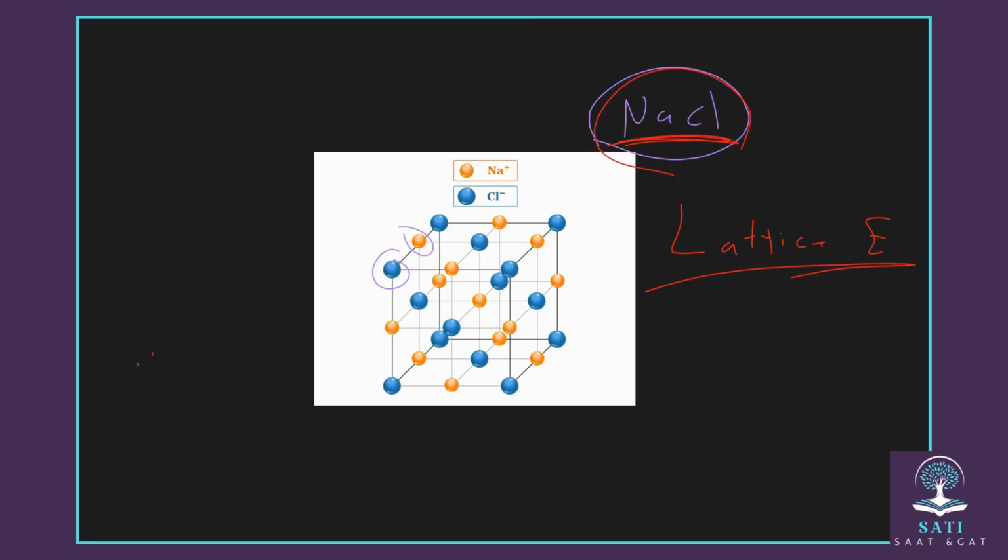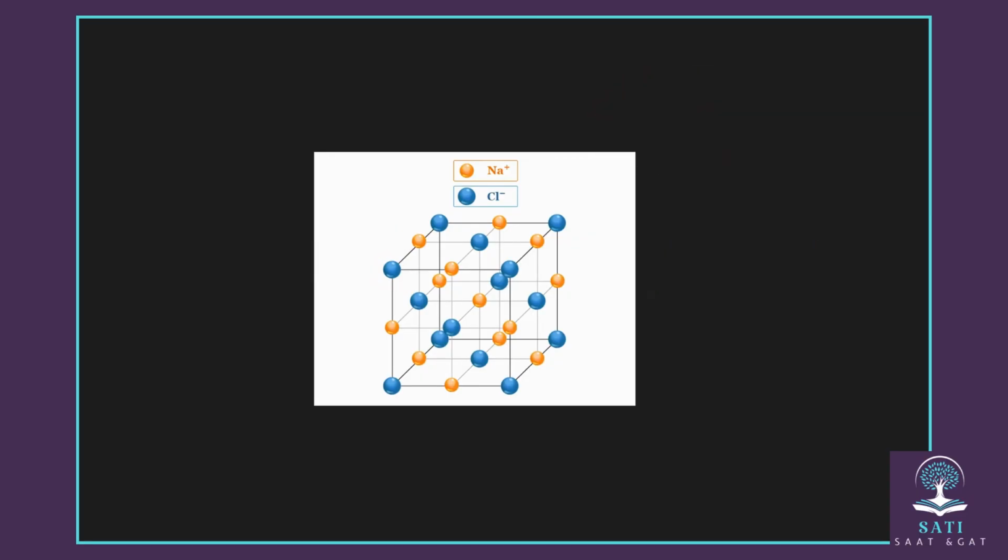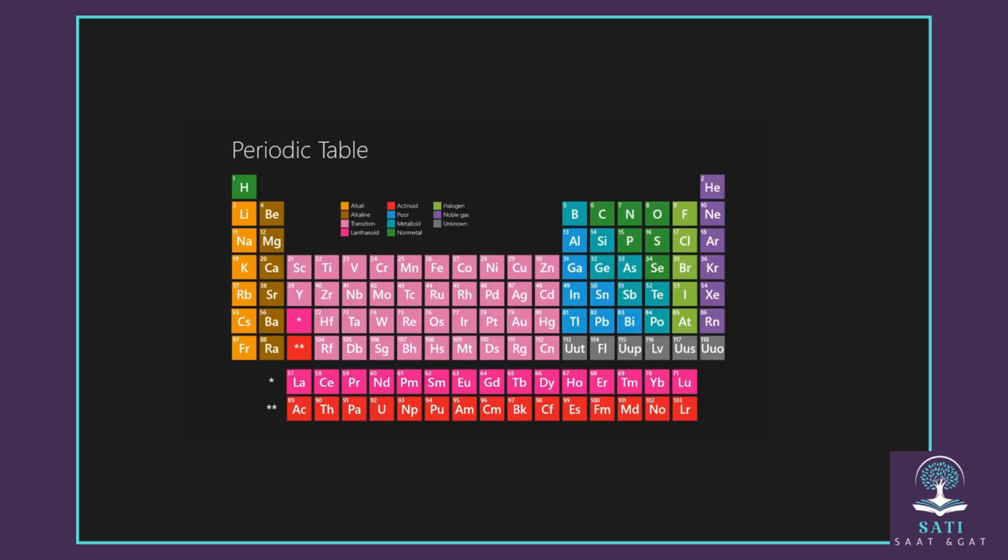Great. Now we're going to take examples. If we go to the periodic table and remember what we studied, if you go down the periodic table, what is the change of the size of the atoms? Take this group, for example, fluorine, chlorine, and it's the same for all the other groups.